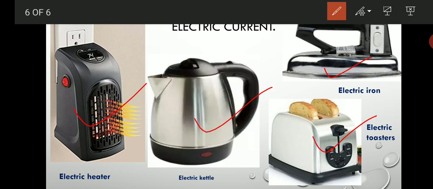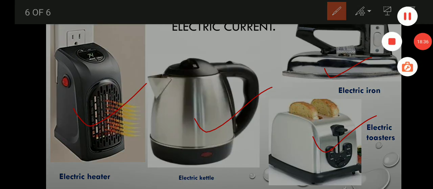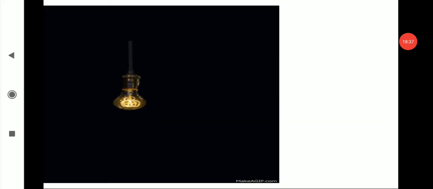Apart from this, there are some devices that also work using the same principle. The next device is the electric bulb. It consists of a filament called tungsten. Tungsten gets very hot and emits light, and it does not melt at such a high temperature. So it is a strong metal with a high melting point.